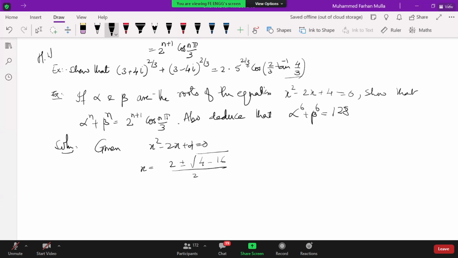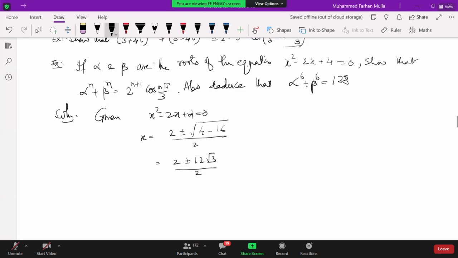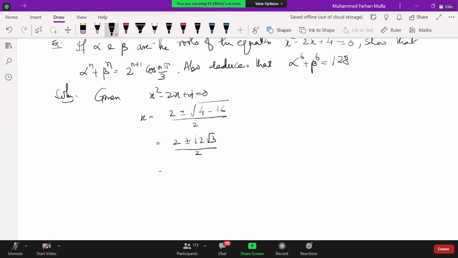If you simplify, 2 plus or minus the square root of 4 minus 16, which is minus 12, so 4 times 3 times i. So it is 2i root 3 upon 2. So this is nothing but 1 plus i root 3.